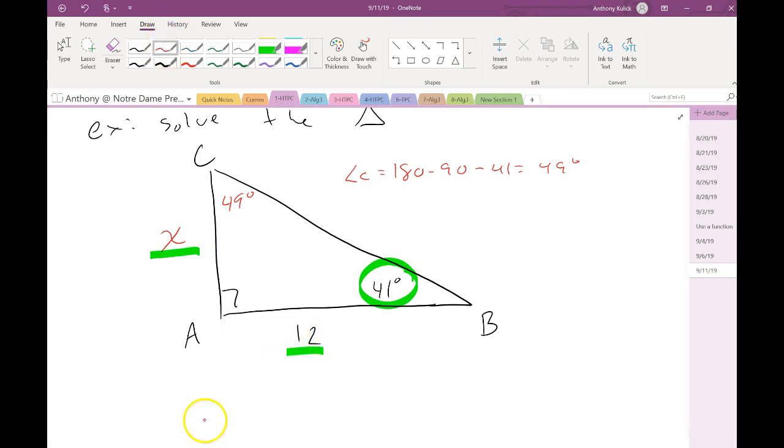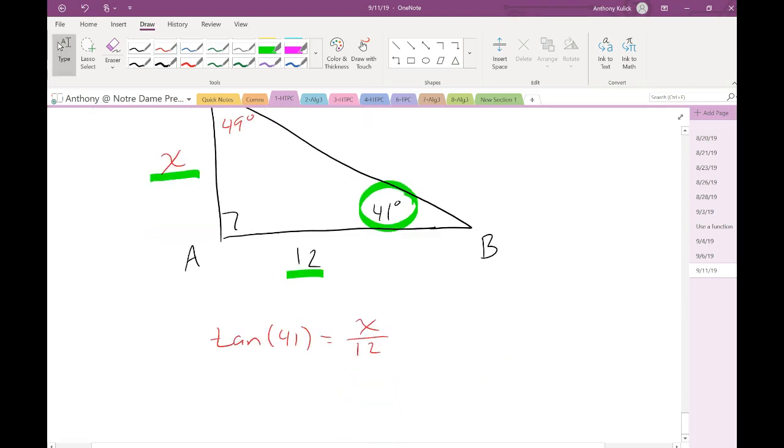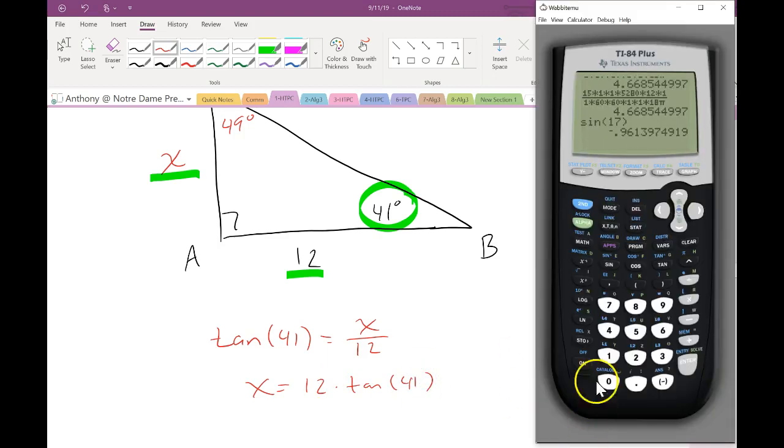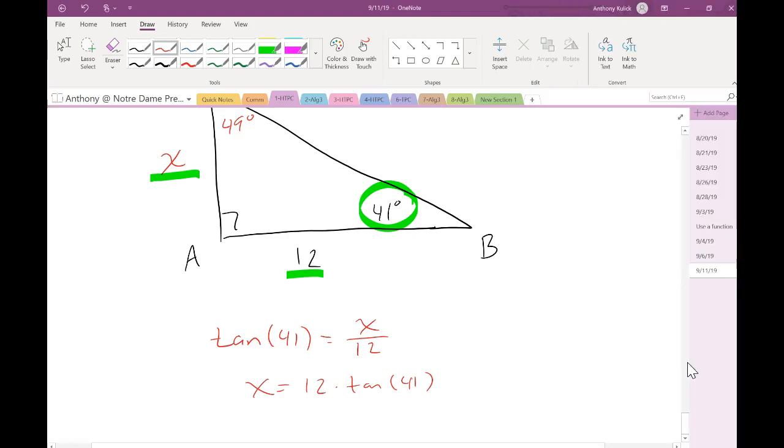So I should use tangent of 41 equals X, which is opposite, over 12. Everybody good with that? Okay. To solve for X, I multiply both sides by 12. And then I just type this into my calculator. Let me change my mode real quick, though. 10.431.